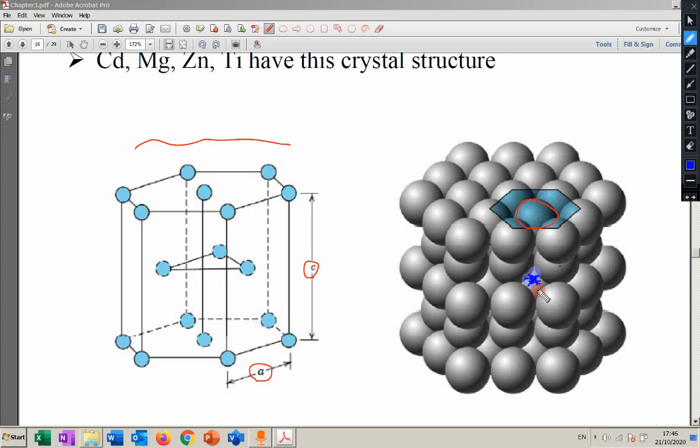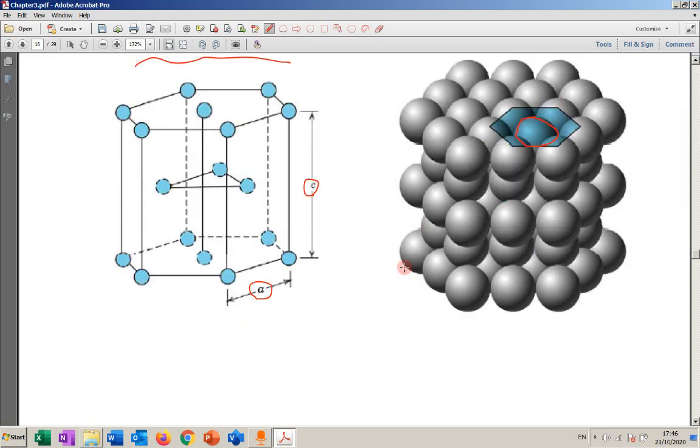I mean, the coordination number means the maximum number of bonds that an atom can have, touching 12 other atoms. It might be physical bonding, chemical bonding, but the maximum coordination number for this crystal structure will be 12. Here it can be easier to understand: 1, 2, 3, 4, 5, 6 going around, 3 at the bottom, and 3 at the top, that are touching this one as well. That's a total of 12 atoms touching each other. That's the coordination number.